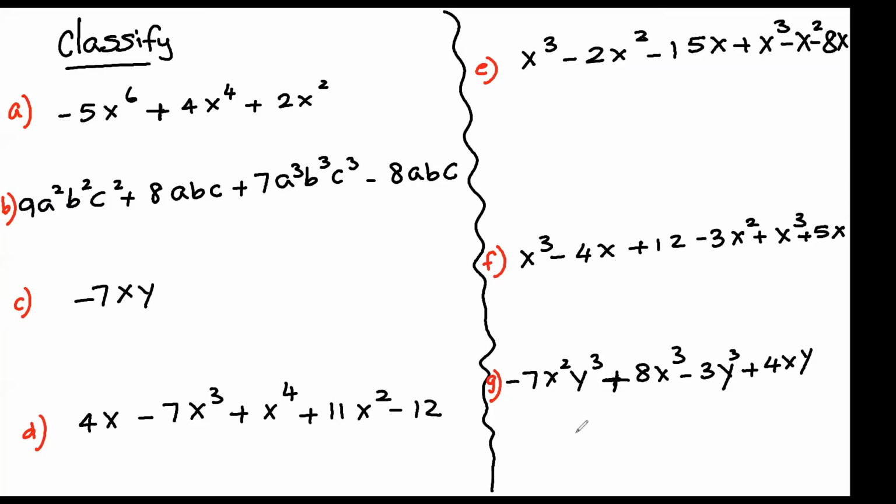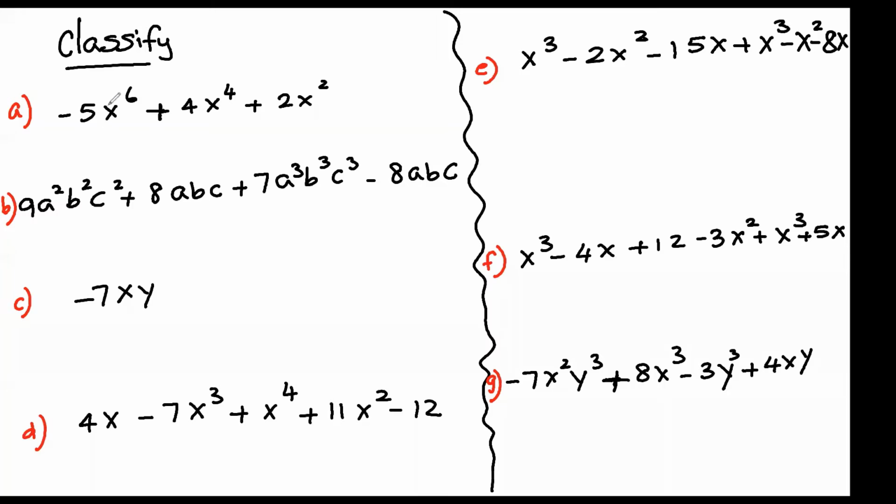So if it's more than 3 terms, then you simply call that a polynomial. And I also want you to tell me what is the degree of this polynomial. So I want 2 things. I want you to tell me what type of polynomial this is, and what is the degree of this polynomial? Go ahead.